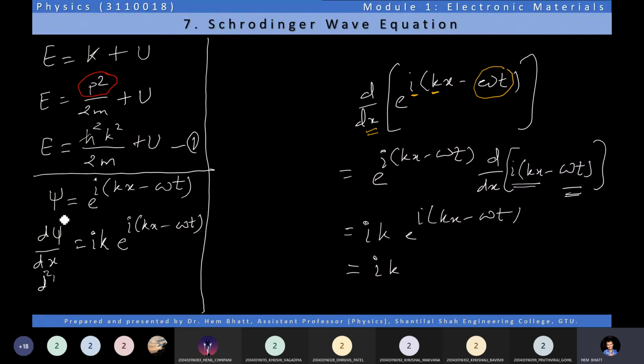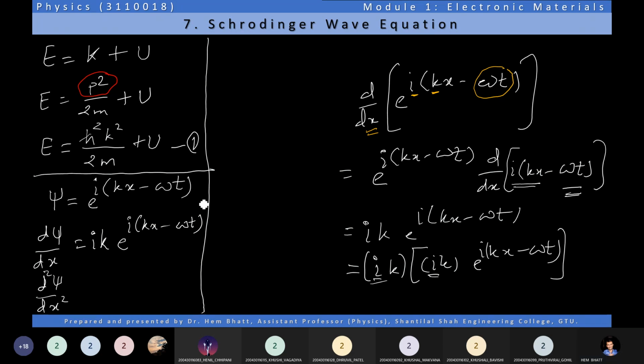Let us differentiate this once more. What will be the one more time differentiation? This ik will remain same, and I will get one more ik, and I will get e raised to i kx minus omega t. So what is i into i? i square. But do you know what i is? i is root of -1. So what is i square? -1. i square is equal to -1.